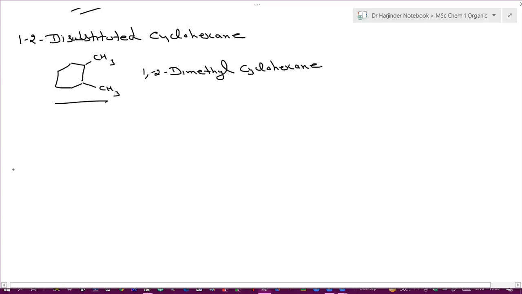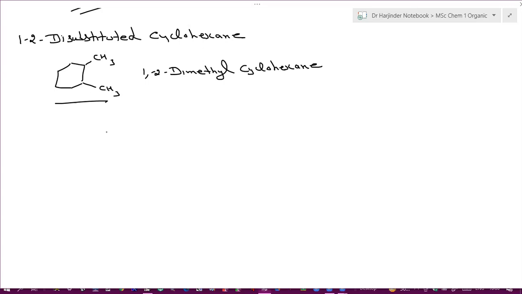Now when you have 1,2 dimethyl cyclohexane, you have two substituents present over the 1 and 2 positions. Now what are the various combinations that can take place with these two methyl groups over adjacent positions, provided you have an axial bond and an equatorial bond? So what are the various possible combinations?